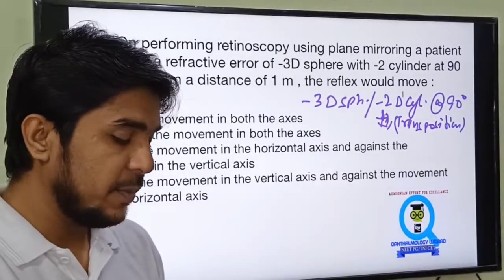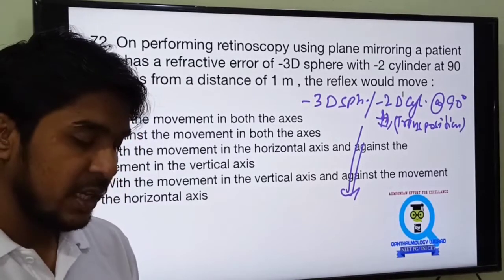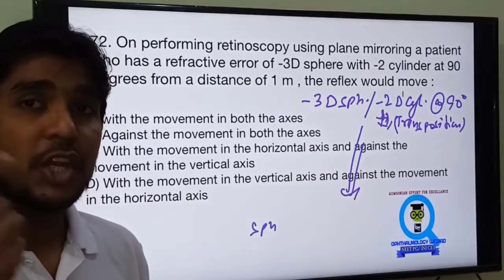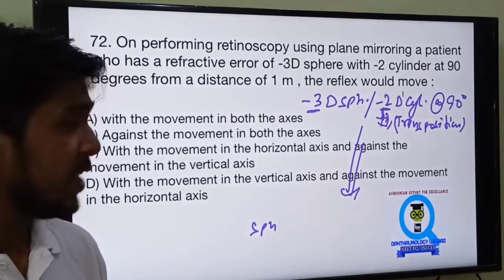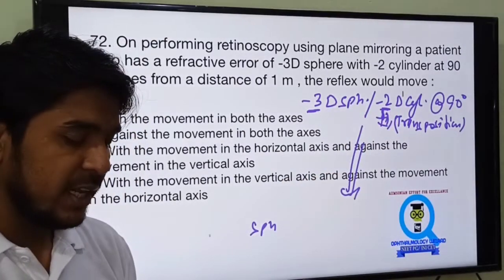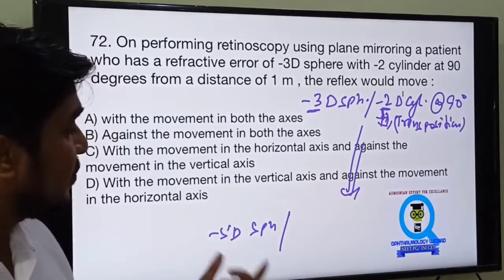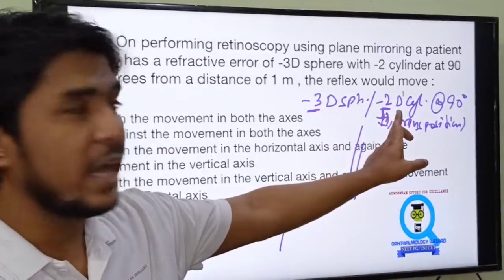What is the spherical power of the new prescription? Add -3 to -2 and we get -5 diopter spherical, by adding -3 to -2 diopter.